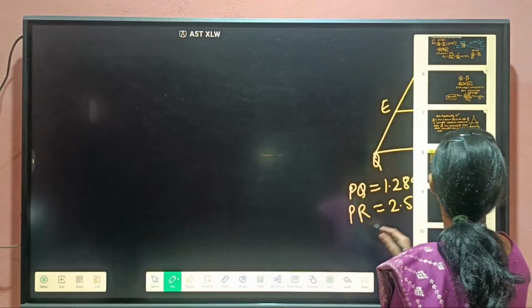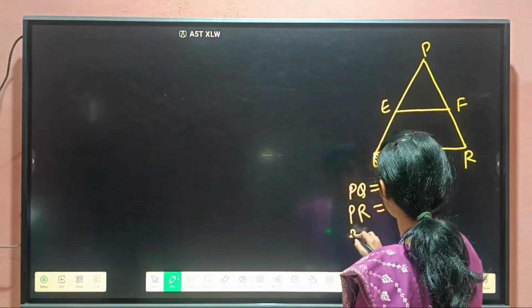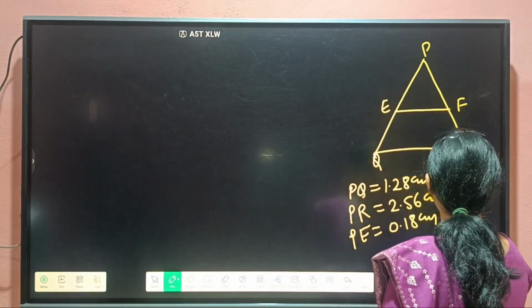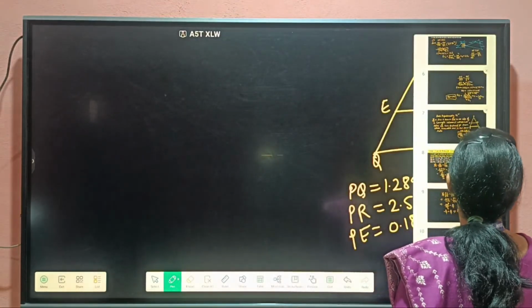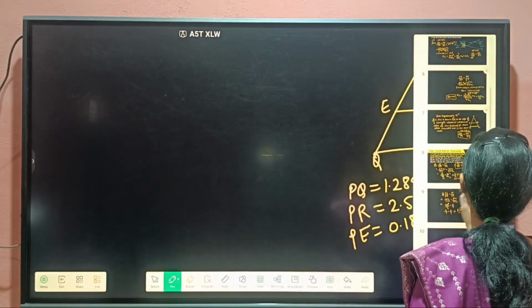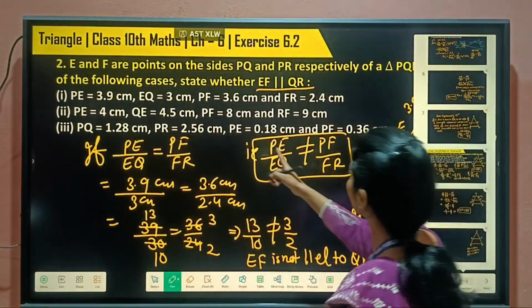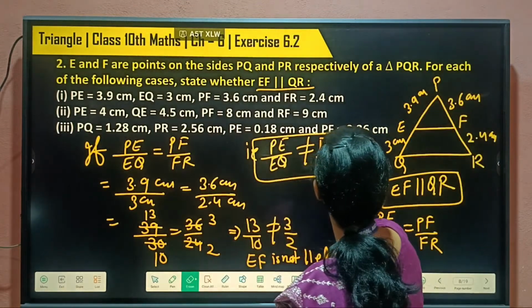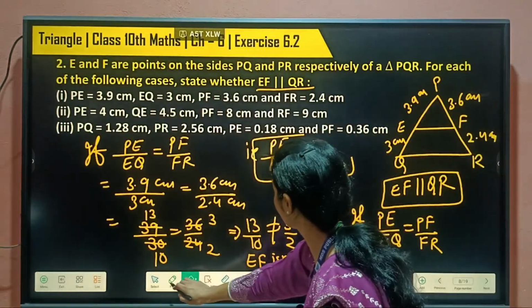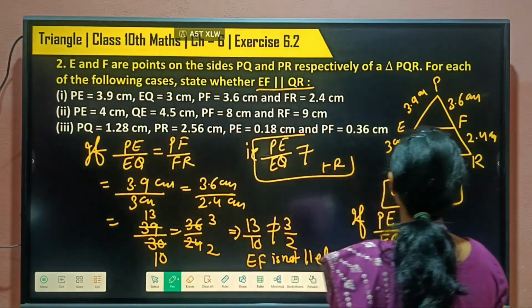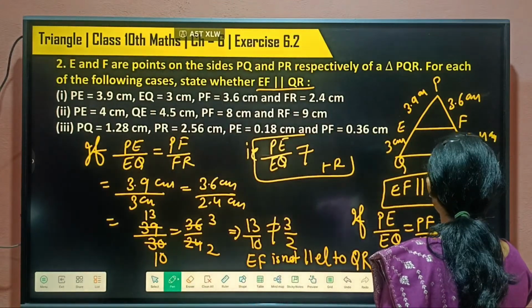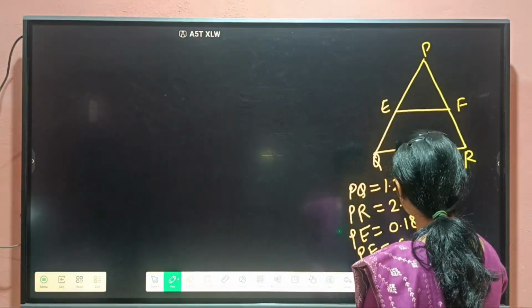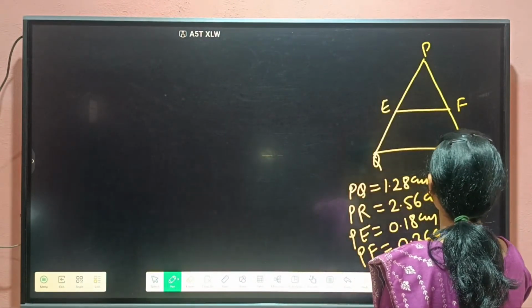PE is 0.18 centimeter and PF is 0.36 centimeter.